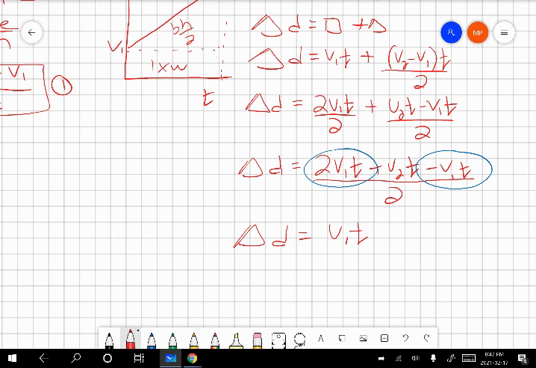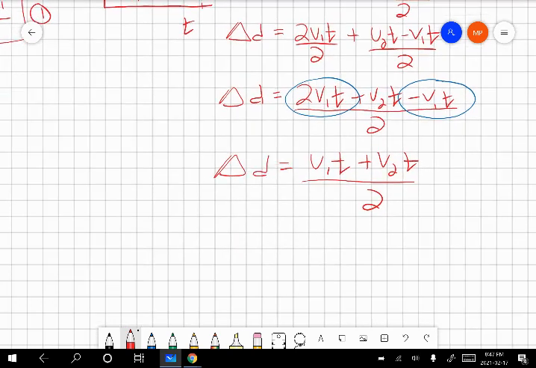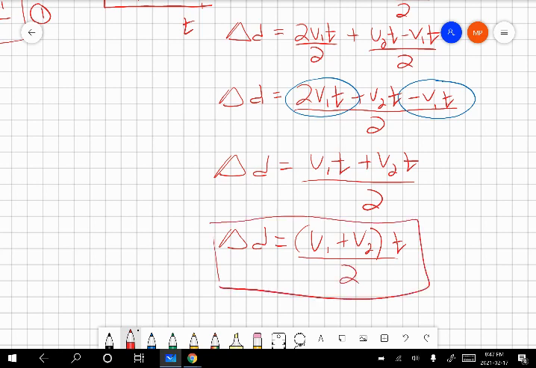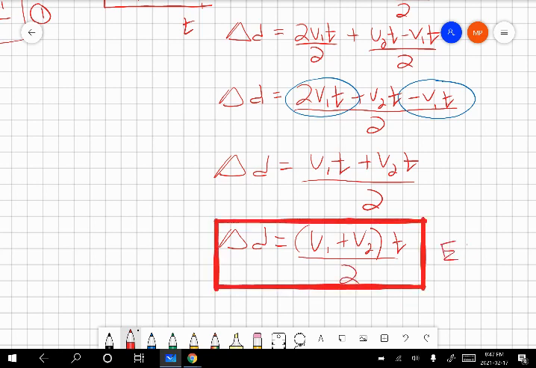So we've got v1t plus v2t, all divided by 2. Last step to make it look just like it does on your formula sheet is to factor out the time. So that'll be v1 plus v2 times time, I took it out of there, divided by 2. That is equation number 2.